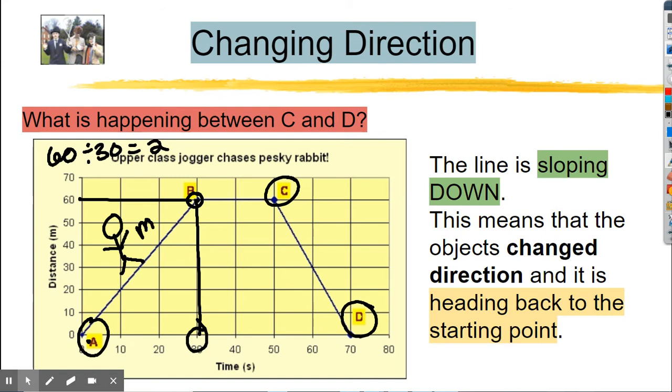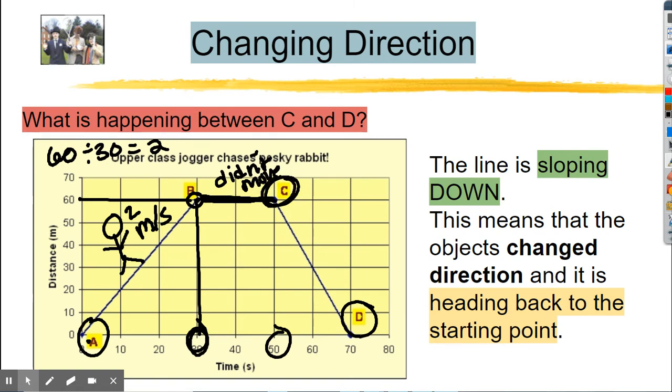So right here, I'm going 2 meters per second. And then from B to C, I have a flat horizontal line. So that means from 30 seconds to 50 seconds, I did not move. So I have not moved.